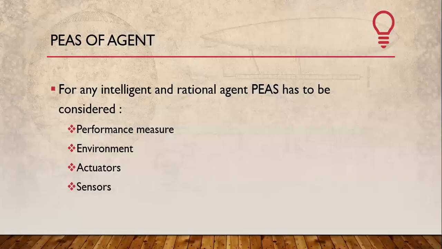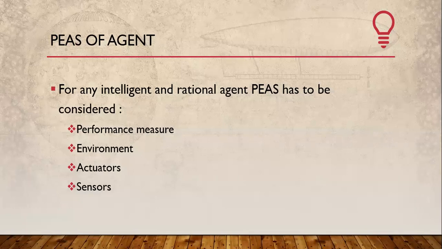In the process of understanding agents, we have also understood rational agents, and the concept of rationality. And when it comes to making an agent, understanding the PEAS of the agent is very important.